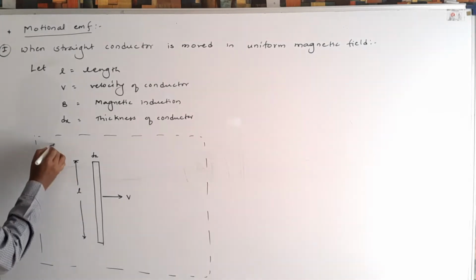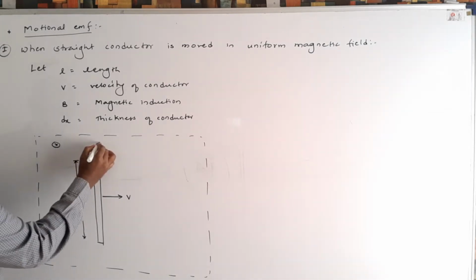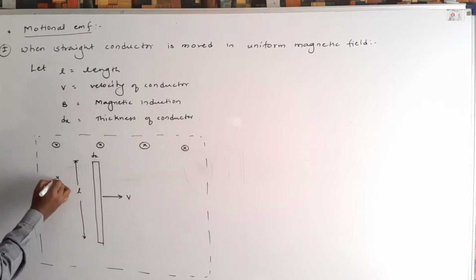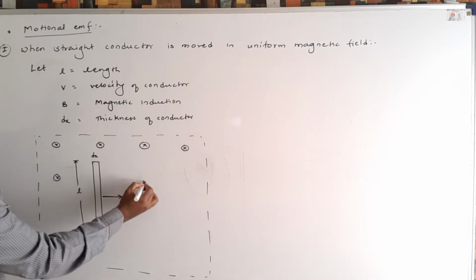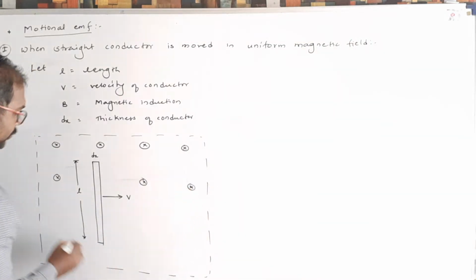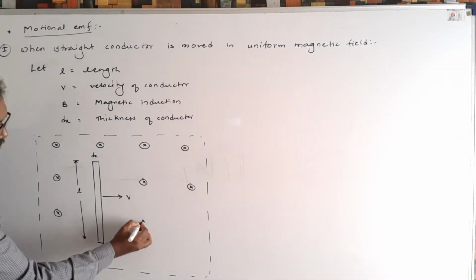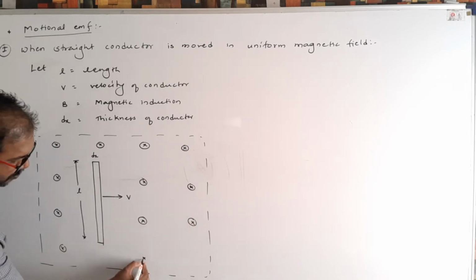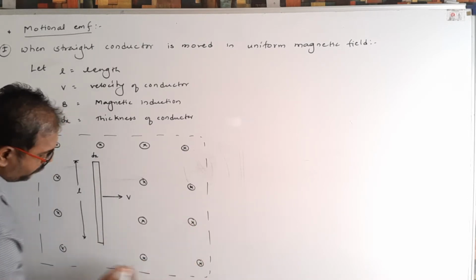Let me show the magnetic field also by this type of signs. So the direction of the magnetic field is like this, in the plane of the paper.